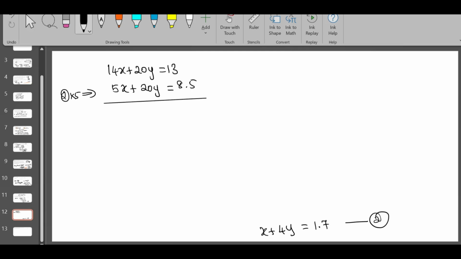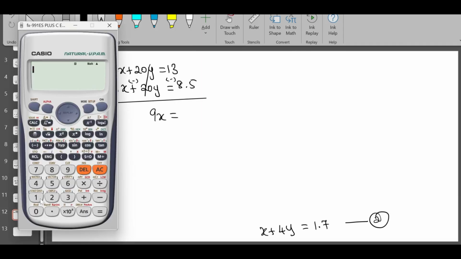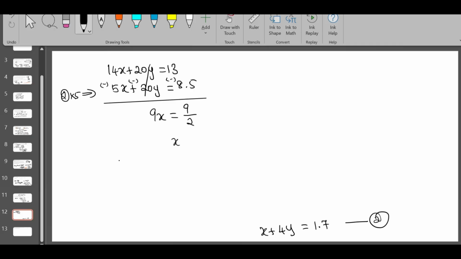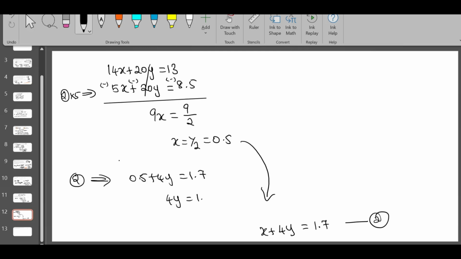And I'm going to subtract them. So we'll get 9x is equal to 13 minus 8.5, which is 9 over 2. x is going to be 1 over 2 or 0.5. Sub in x here. From the second equation, 0.5 plus 4y is 1.7. 4y is 1.2. y is 0.3.